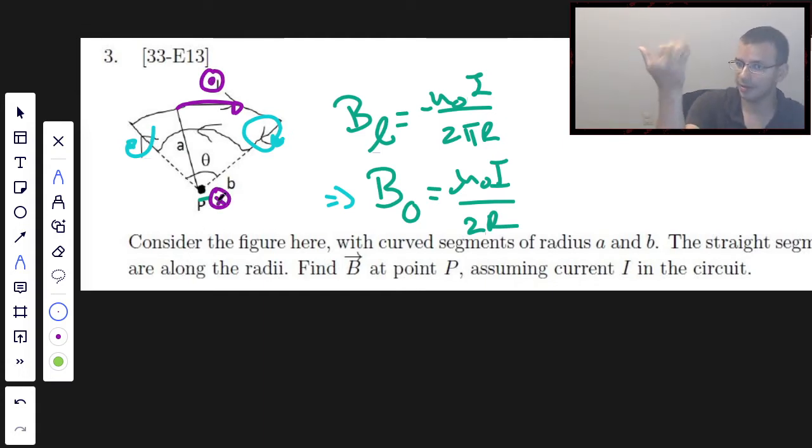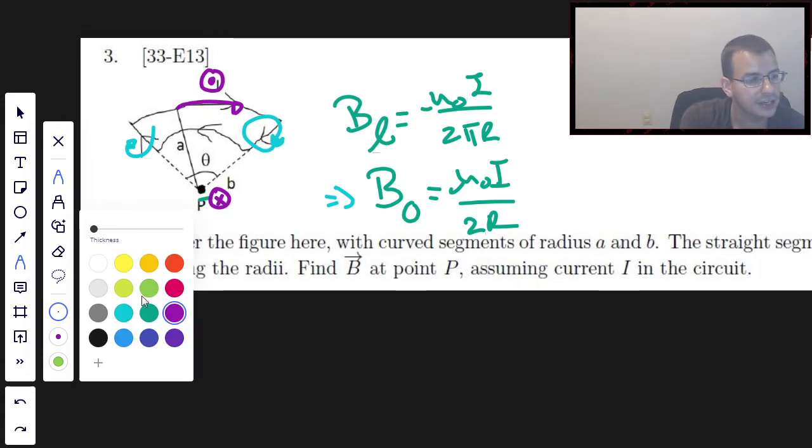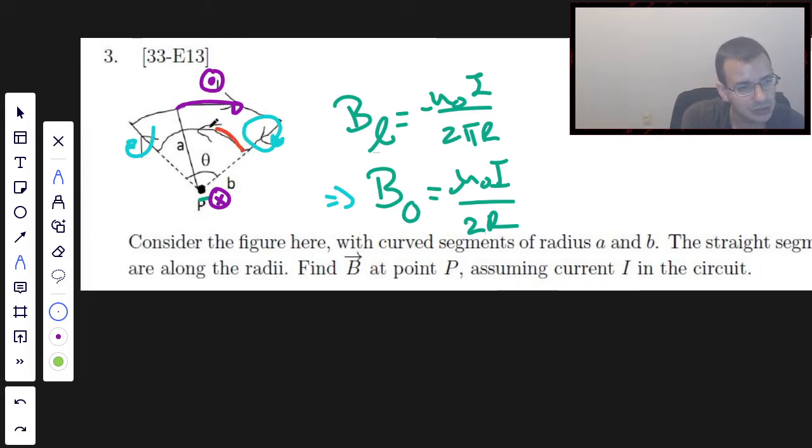So you wrap your fingers, and it's going to be like so. And for this section right here, you wrap your fingers, and here it is going to be into the page and then out of the page below.